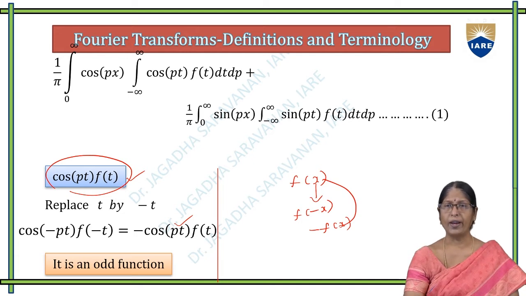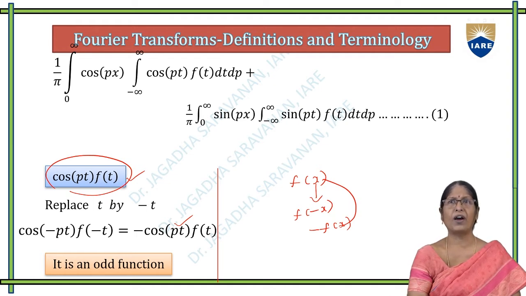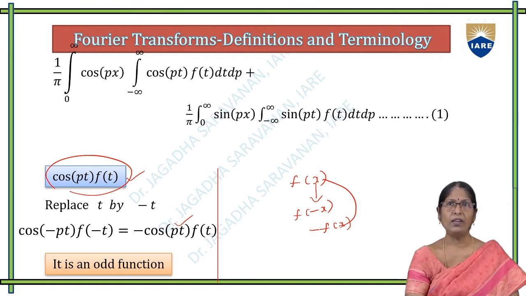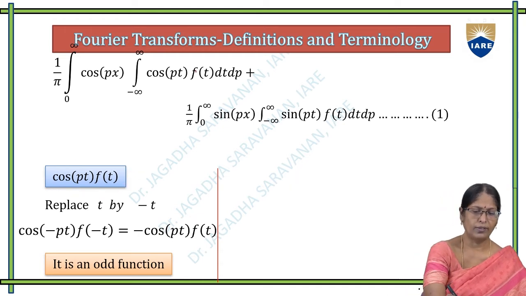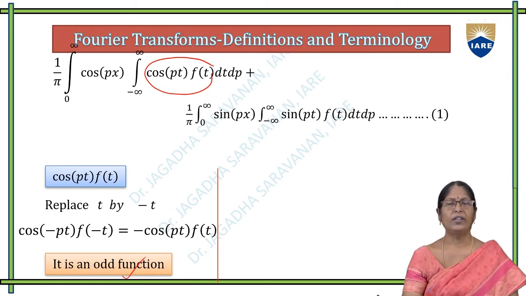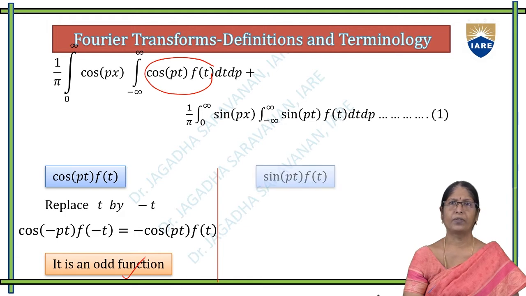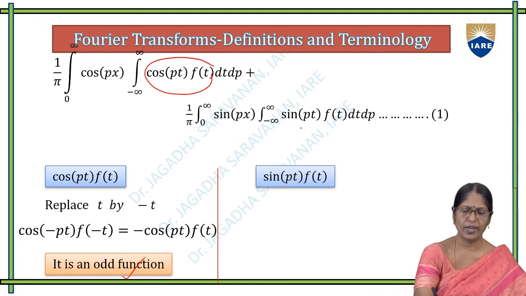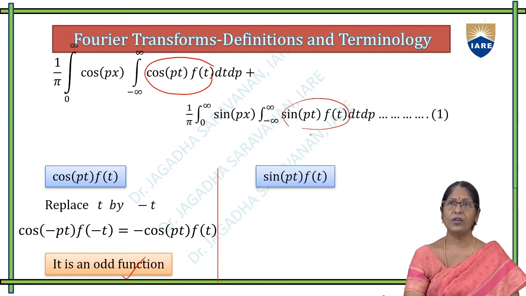So, to get the Fourier sine integral formula, again all these we are defining towards our main definition, the Fourier integral theorem. Now this one we have taken, and we obtained that it is an odd function. Here we can see sine of pt f of t.